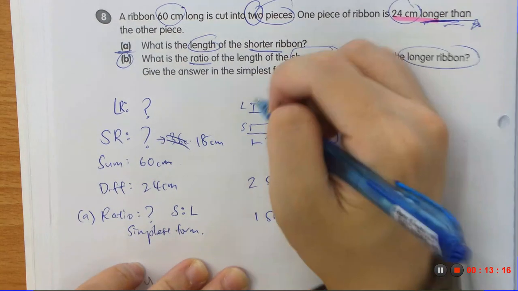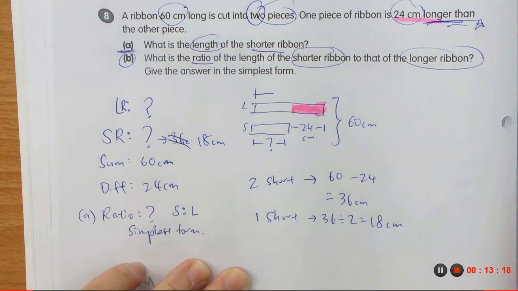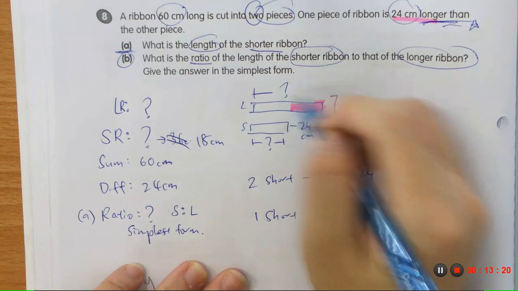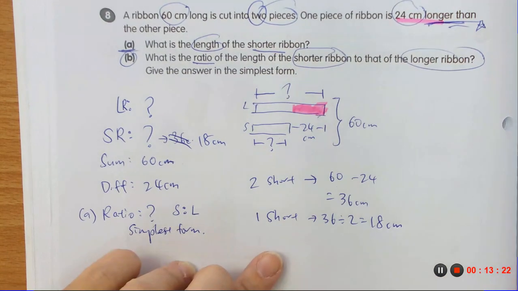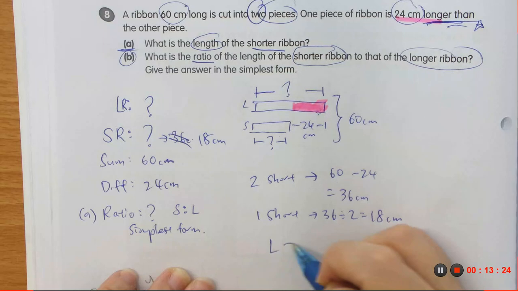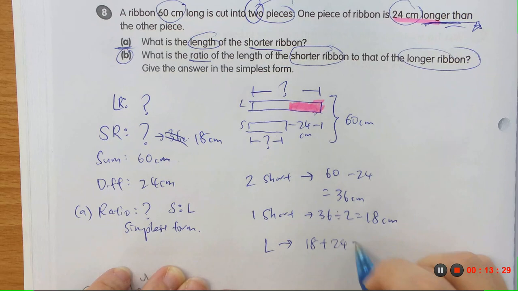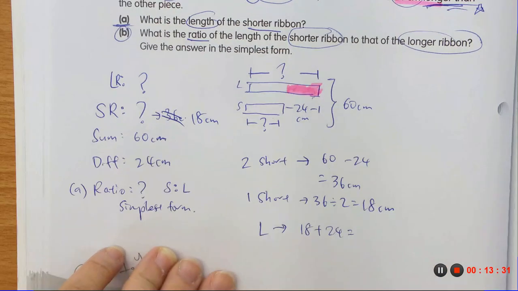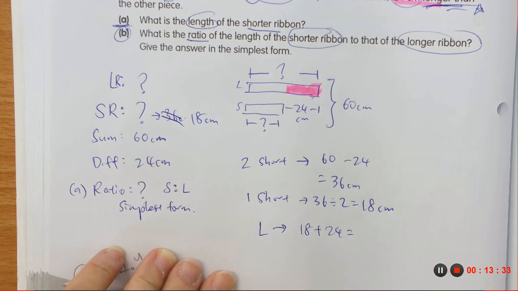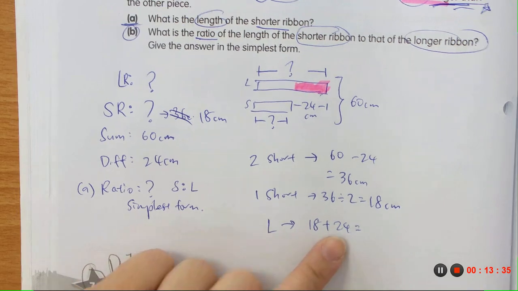So the long one will be 18 centimeter plus 24. Pass on to Shami.